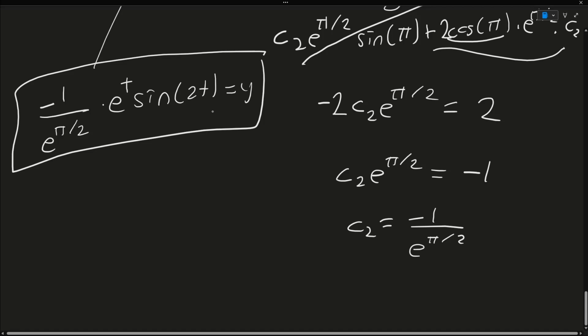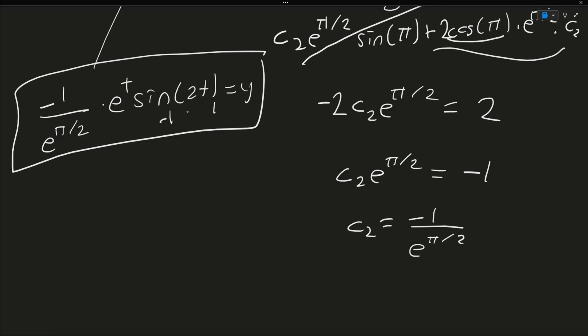Now, what happens as t approaches infinity? Well, first of all, this sine of 2t is a function that is going to oscillate between negative 1 and 1. And we have an e to the t function, which will affect the magnitude of this function because we only have one exponential term here. So this will make the magnitude approach infinity. The negative 1 term would make this approach negative infinity. However, since sine is oscillating between negative 1 and 1, this negative and negative could be positive.